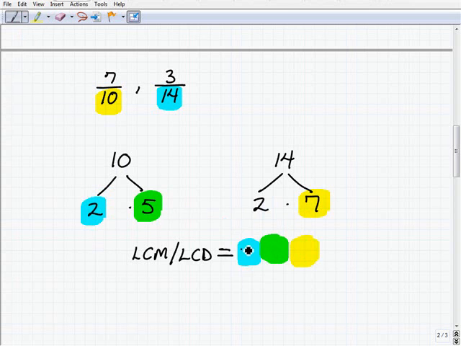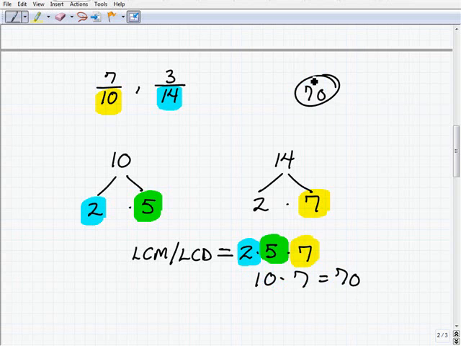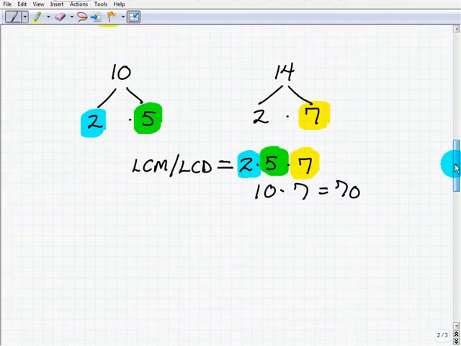All right, so let's go and write those in. 2 times 5 times 7, or 10 times 7, is 70. So 70 is the lowest number that both 10 and 14 divide into. So 70 is our LCD. Okay, let's move on.